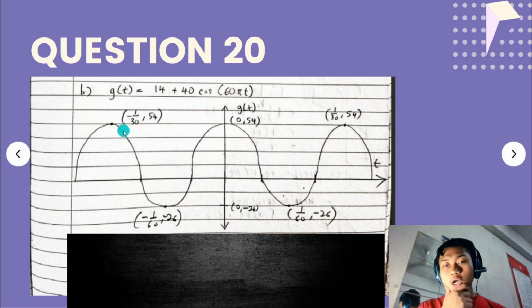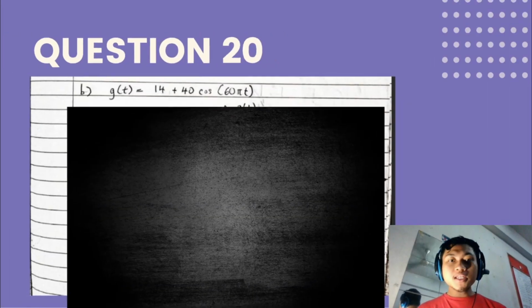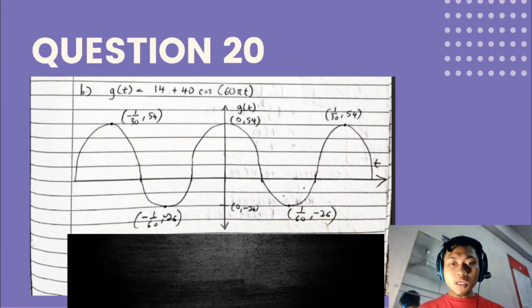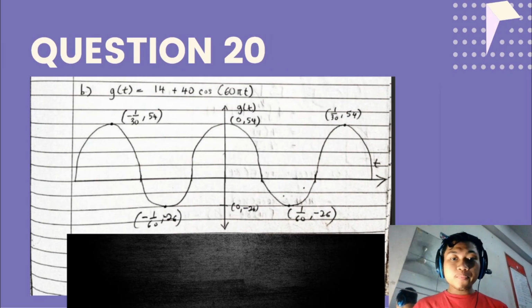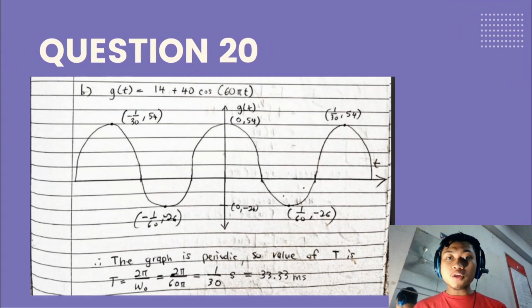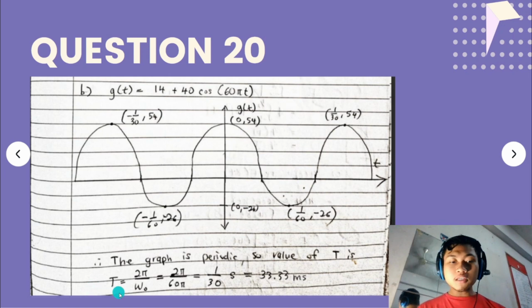Alright, so what does the question ask now? Determine whether it is periodic or not. This graph is periodic. If we know that the graph is periodic, we can determine the value of T. Here the value of T is equal to 2 pi over omega naught.